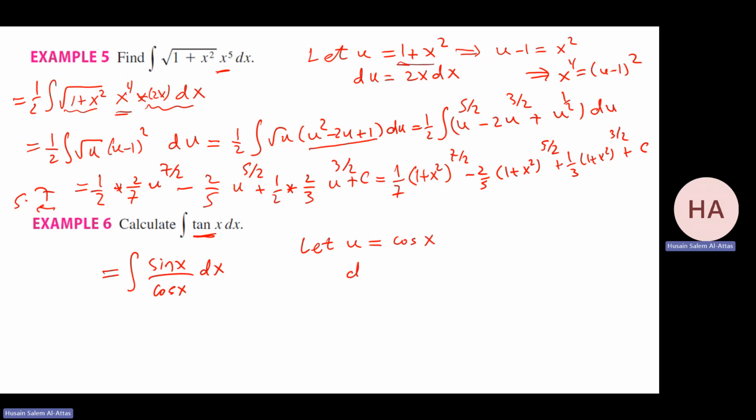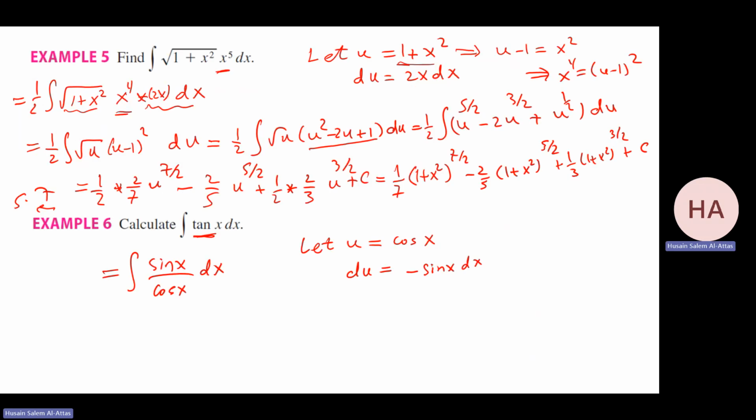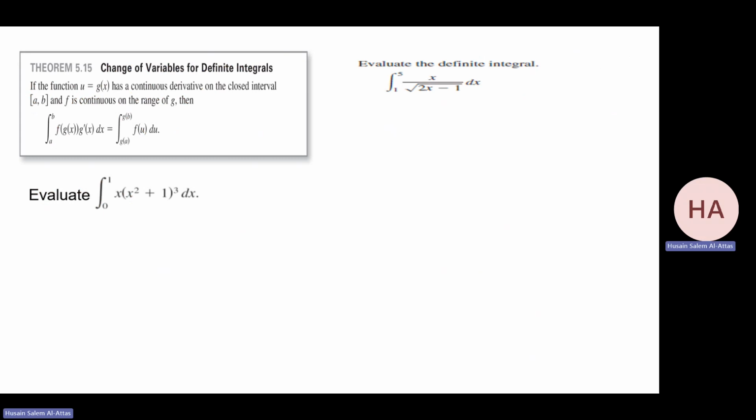What will be du? du will be minus sine x dx. So I'll put minus here and minus outside. So I'm getting minus integral du over u, which I know how to do.